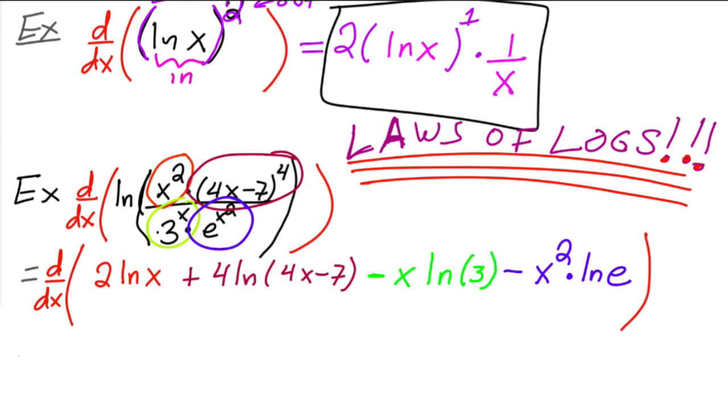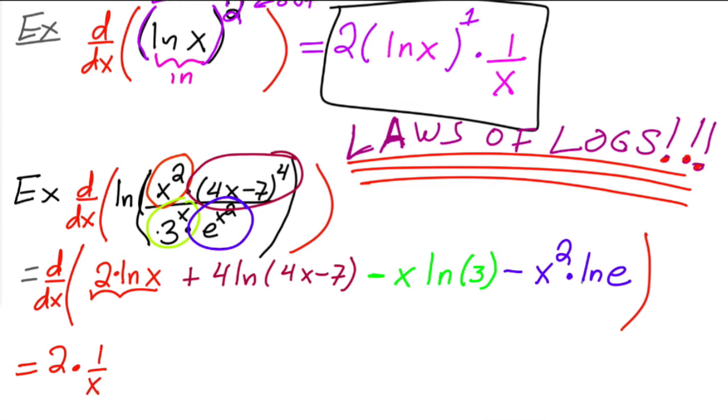Now, since this is just sums and differences, you can do each one individually much, much easier. So let's do that and see what we get. This is going to equal the derivative of 2 natural log of x, which is simply 2 times, 2 is a constant, remember, the derivative of natural log of x, which is 1 over x.